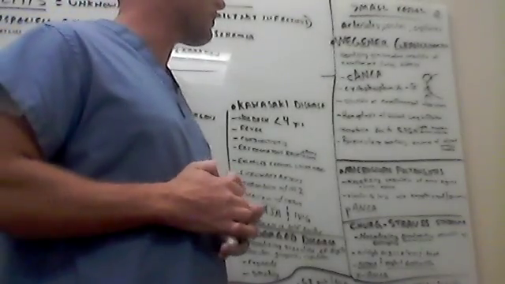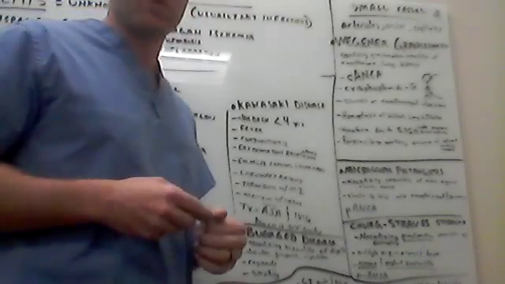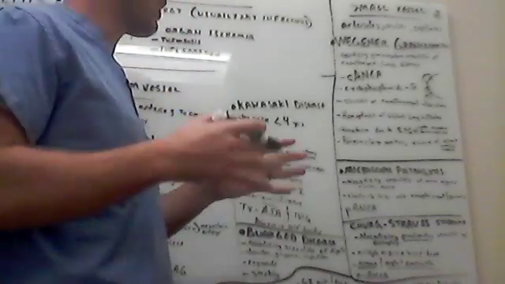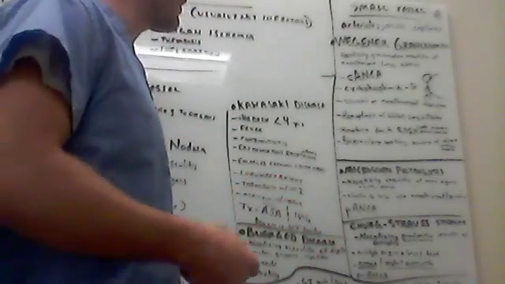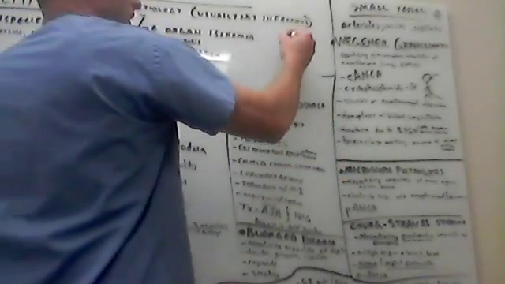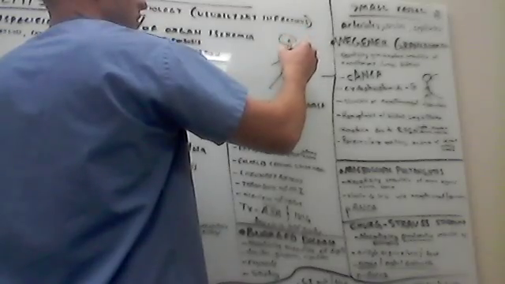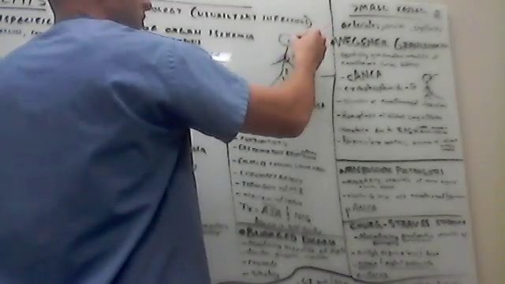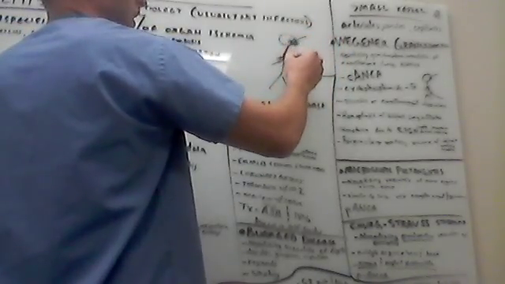Wegener granulomatosis. So Wegener granulomatosis is a necrotizing granulomatous vasculitis of the nasopharynx, the lungs, and the kidneys. Okay, so in this case, one of the ways that the person thinks to remember this is there's a lot in Wegener that has to do with the letter C. I don't know if this will work for me or not, but basically they drew a picture of a person like this, and here's their nose, and here's their lungs, and here's their kidney out here, and they drew this C through it like that, and they said it got their nose, nasopharynx, it got their lungs, and it got their kidneys.